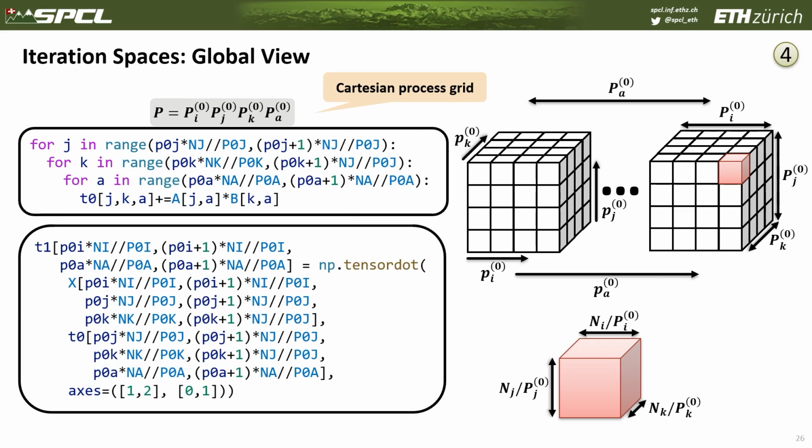Utilizing the process grid with all the variables that we just introduced, we can rewrite our program from the perspective of a specific process. So now, for example, highlighted, we have the expression for the process local slice of X for a particular process in global coordinates. And with this expression, we can perform the whole computation that belongs to a specific process. The problem here, of course, is that with all these variables, the expressions become a bit complicated and are not so easy to parse. So most of the time we don't use the global view, but instead we use the local view.